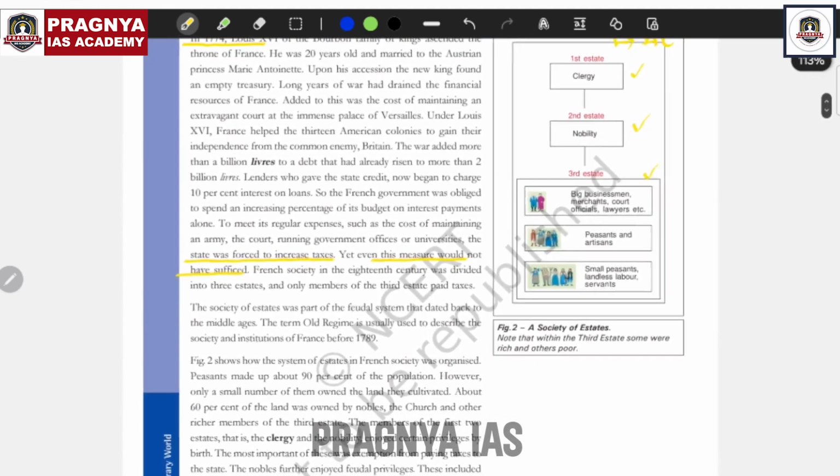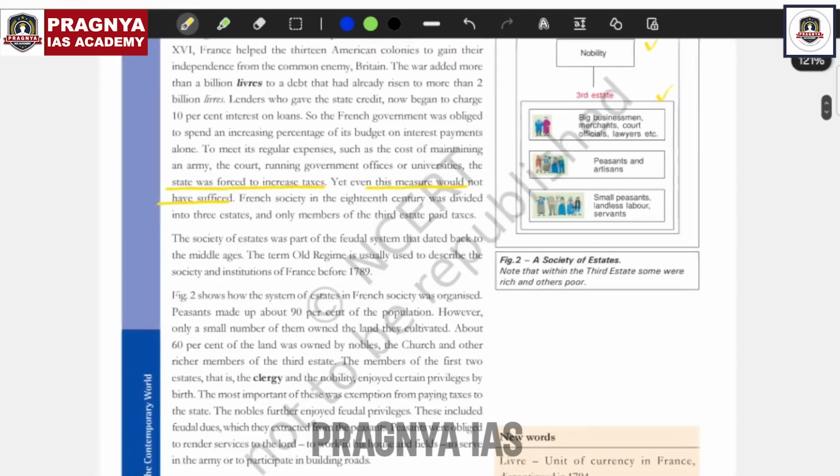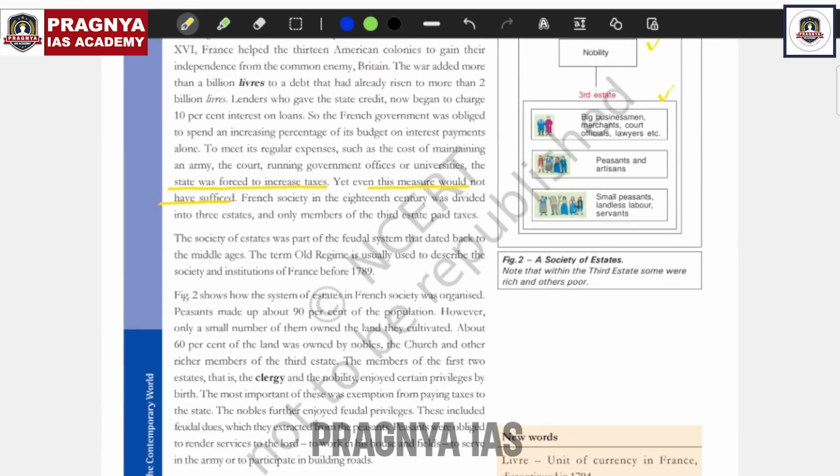If you see how the estates in French society were organized, peasants comprised 90% of the population, whereas 60% of the land was occupied by nobles and the church alone.